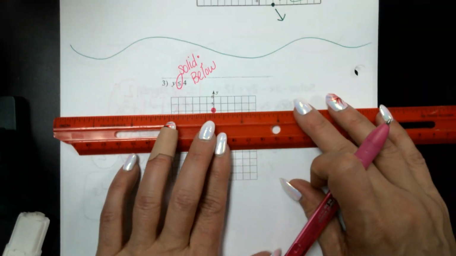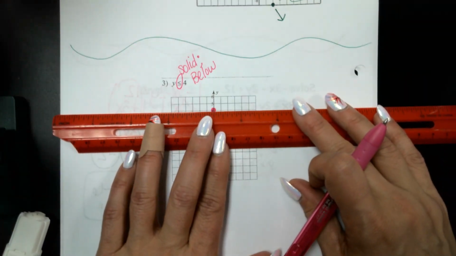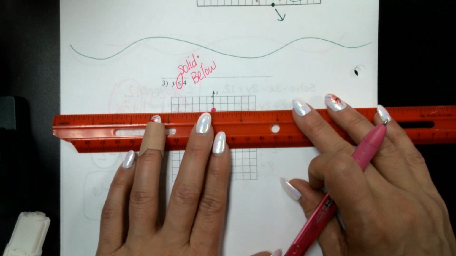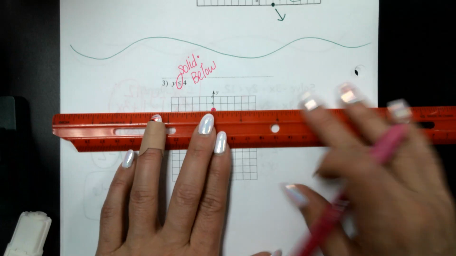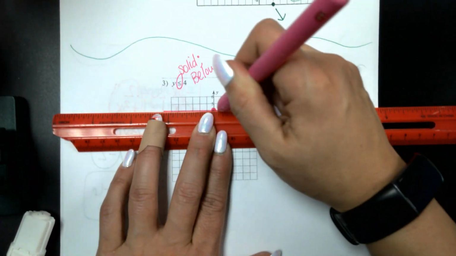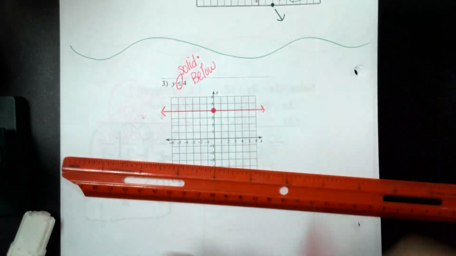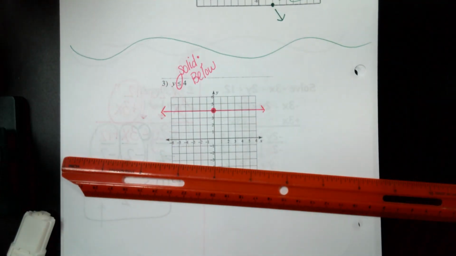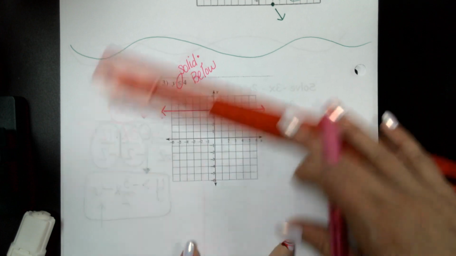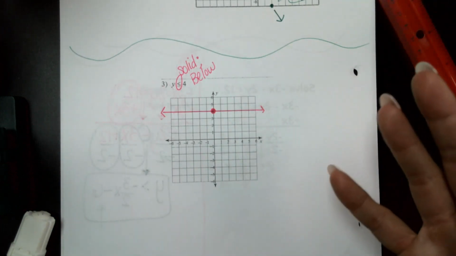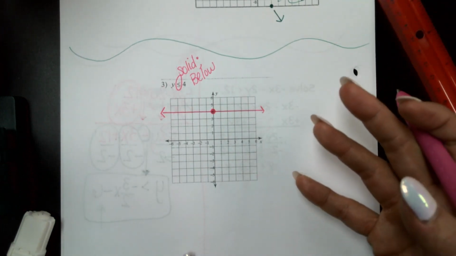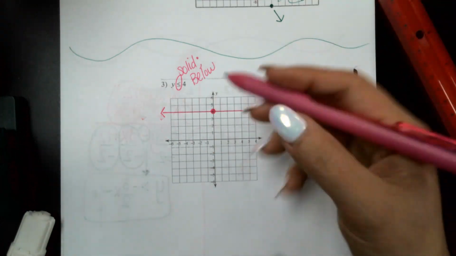Okay, so we said solid line. And then below, pretty obvious. Down.